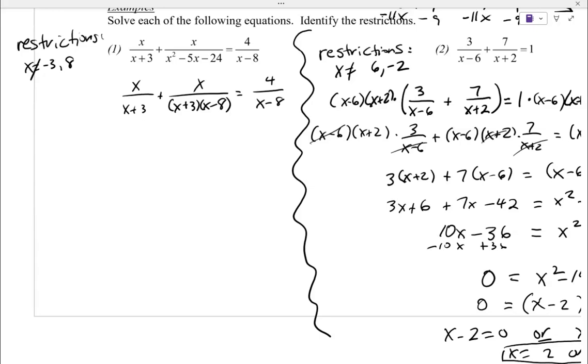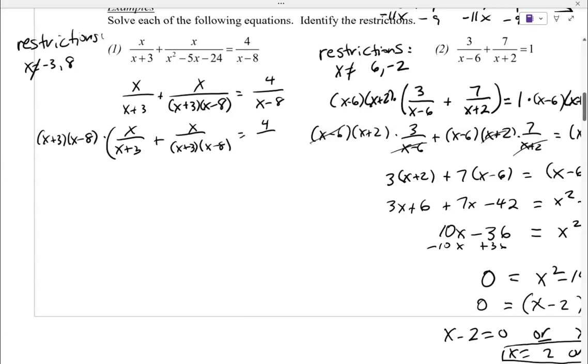What's next? What do you think you want to multiply both sides by now that we have it factored? Good. That's why we're going to factor it, right? Because it helps us identify what we need to multiply by.